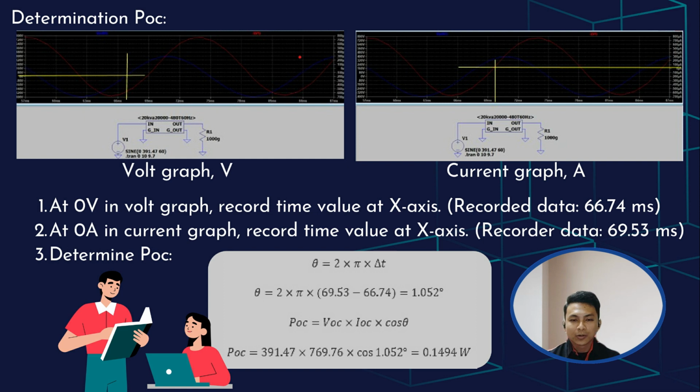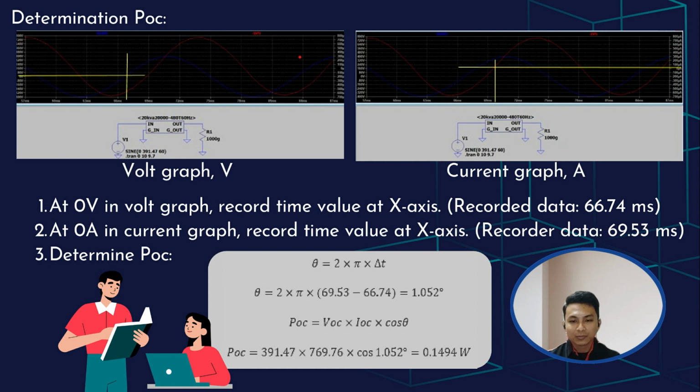To determine theta, from the voltage graph, record the time value on the x-axis when the voltage is 0. Same for current, record the time value on the x-axis when the current is 0 ampere. From there, we get 66.74 millisecond from the voltage graph and 69.53 millisecond from the current graph.